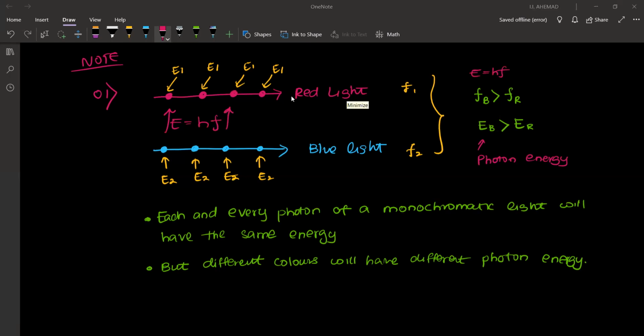No. Is everyone clear with that idea? Hannah and Atif, how about you all? Is that idea clear, that red color photon and blue color photon have different energies?